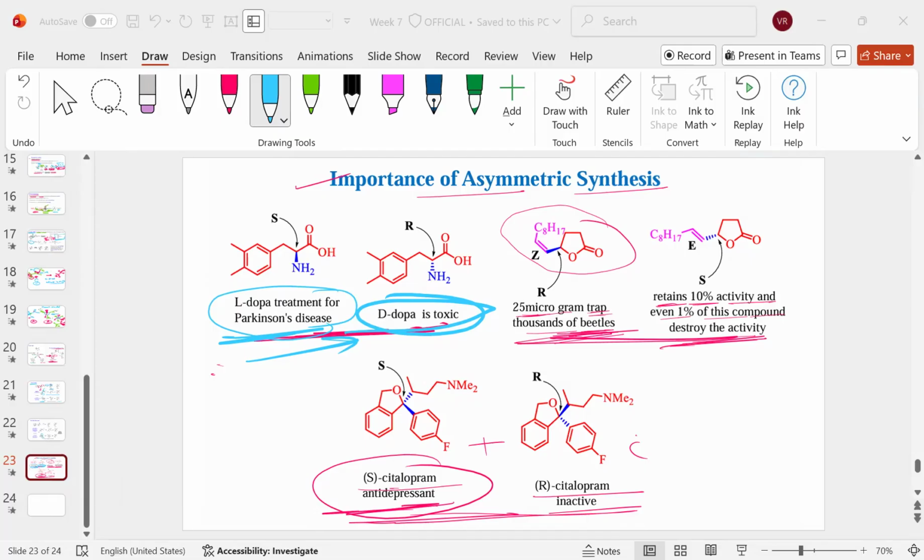That time we keep that chiral center constant, and that is also one approach to get the pure product, which can be used for drug applications or any application. So there are different methods used to perform such asymmetric synthesis, and we will discuss that in the next video.